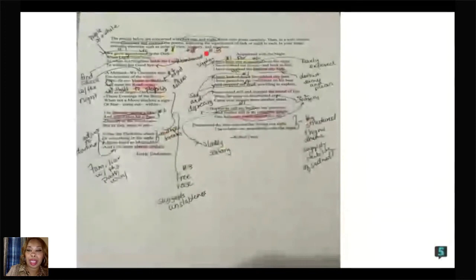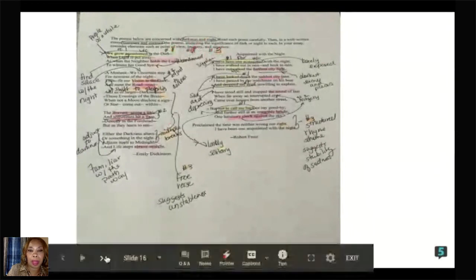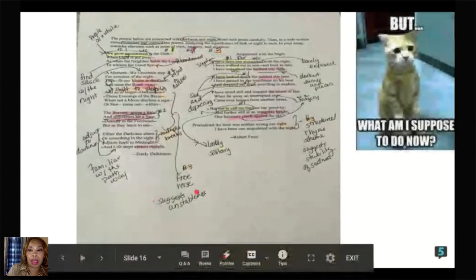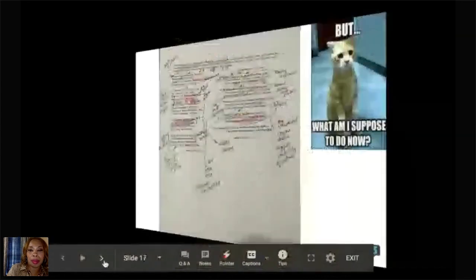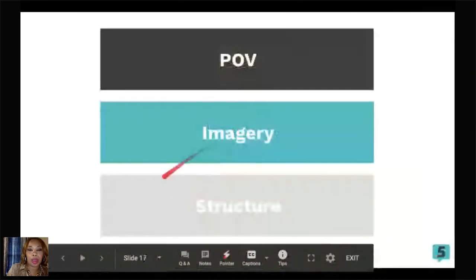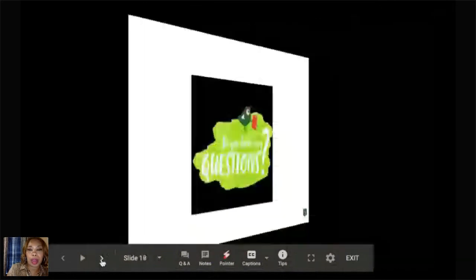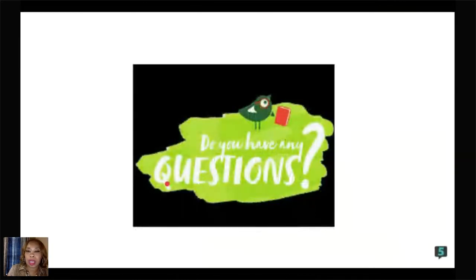So annotate until you feel comfortable that you've supported what's asked in the prompt. Okay, so point of view, imagery, and structure, those were the 3 that we were asked about. And you learned some techniques to support that essay.